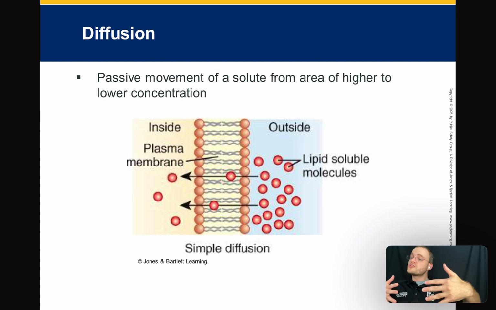Through simple diffusion, it goes from areas of high concentration to low concentration. That's what's happening in the lungs, and that's what we're trying to get to happen. This happens a lot throughout the body. The simple diffusion example is CO2 and oxygen in the lungs, just like the nasty guy with his Axe body spray or ripping farts in the classroom. It's moving from an area of high concentration to an area of low concentration.